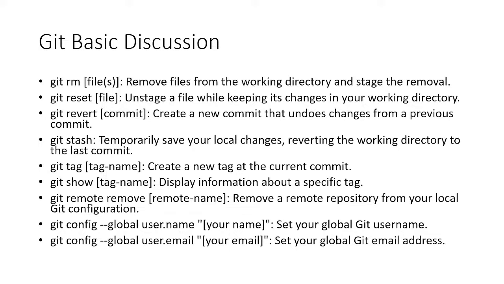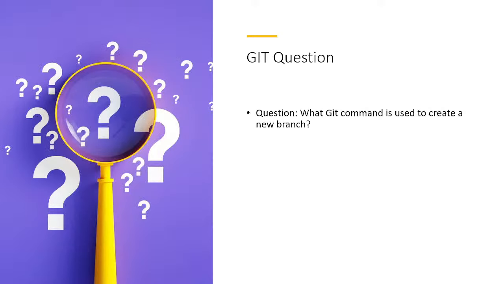So now comes the question part. Be ready. Hope you're getting the revision right. Is it clear? You're getting things linking with whatever we have read, right? So question: what git command is used to create a new branch? I repeat the question: what git command is used to create a new branch?